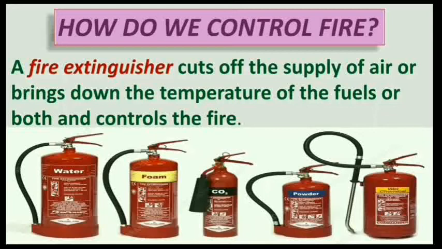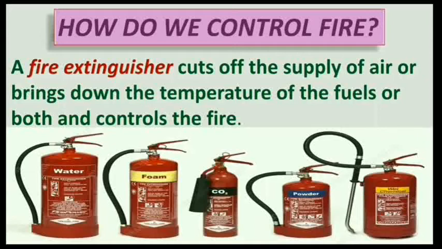But if any fire occurs due to electric short circuiting of electrical appliances, in that case we do not use water because water is a good conductor of electricity. For such cases, we use a carbon dioxide gas fire extinguisher. Carbon dioxide gas is denser than air and forms a layer around the burning substances.